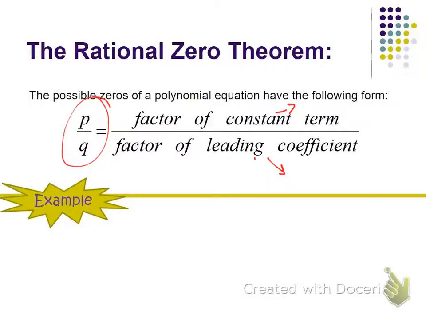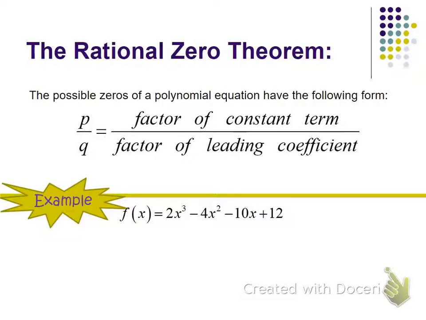Okay? So here's what I mean. If we're given this function right here, 2x to the third minus 4x squared minus 10x plus 12, then what we're going to do is factor down positive 12. The factors of positive 12 are 1, 2, 3, 4, 6, and 12. And because we understand that two negatives can multiply to a positive, then we probably ought to list those as plus and minuses, right?